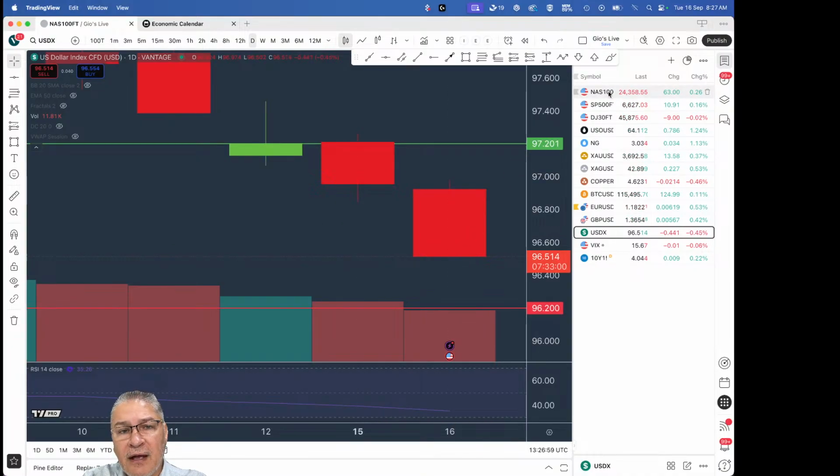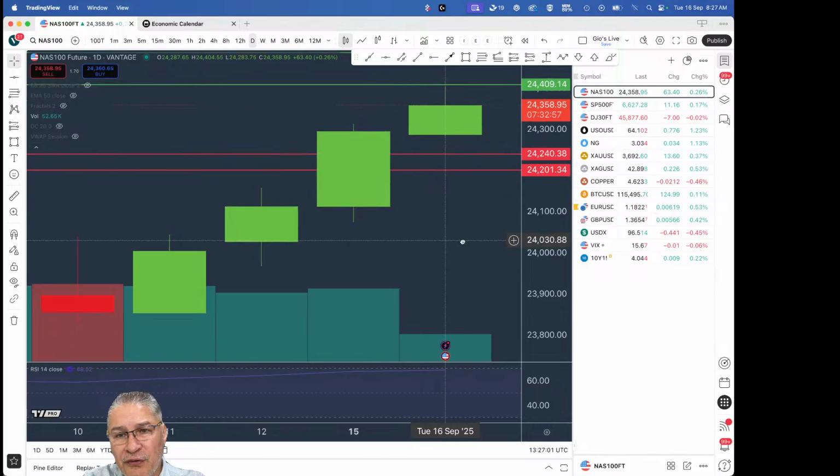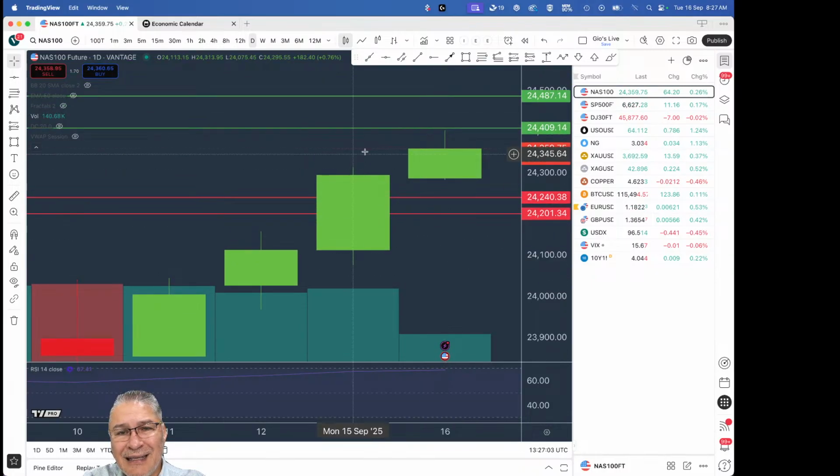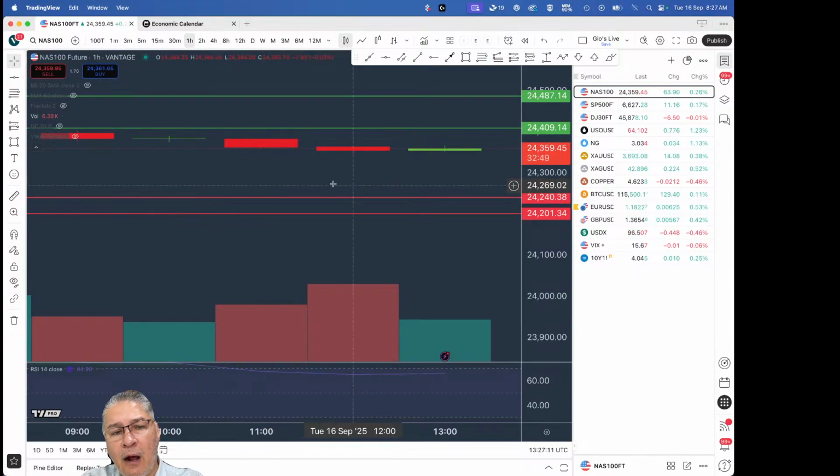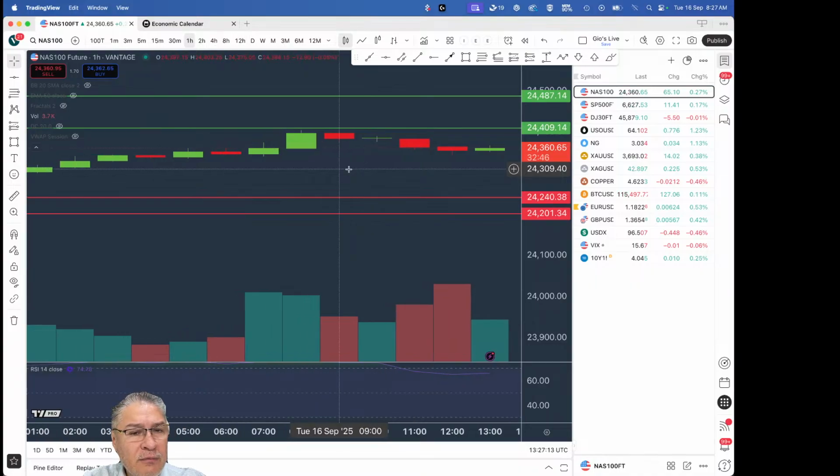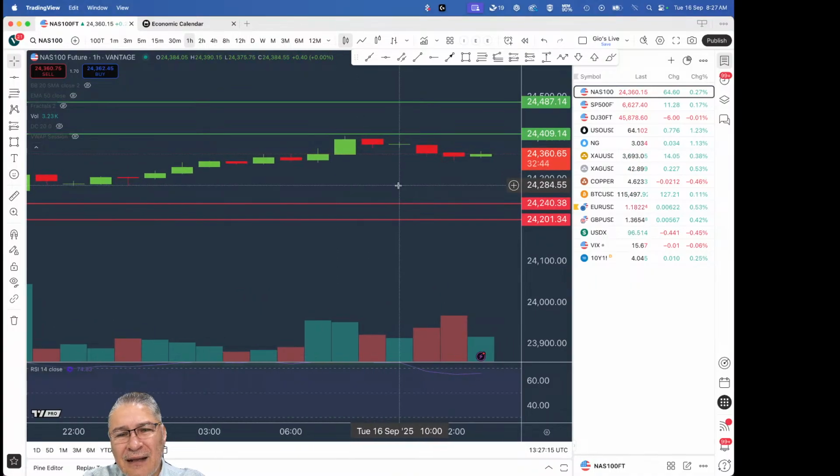Now that I have identified my levels of support and resistance in this daily, for my daily fluctuations, because I'm a day trader, I break down the chart to an hourly chart, just to get a sense of what the market was doing previous to the open.